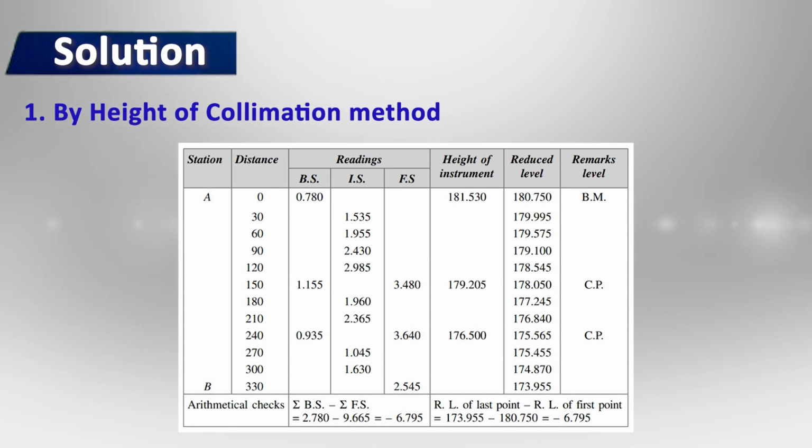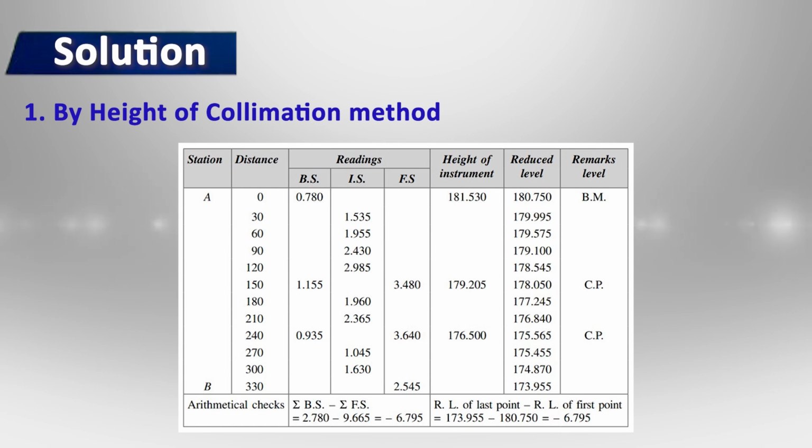RL at 270 meters will be equal to 176.500 minus 1.045, which will result in 175.445 meters. RL at 300 meters would be 176.500 minus 1.630, which would result in 174.870 meters. And the last RL will be equal to 176.5 minus 2.545, which will result in 173.955 meters.